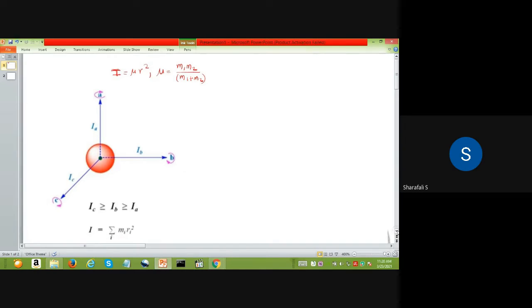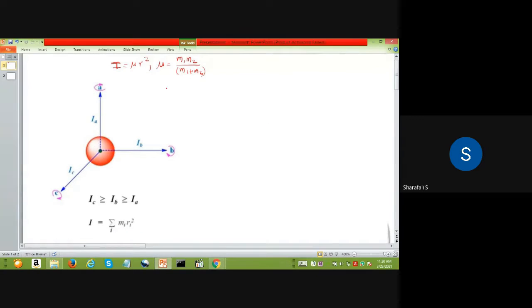So, if we consider any molecule, let's consider a molecule as you can see from here, this red color. Assume that this sphere is representing a molecule, and the center of mass of this molecule is at this point.